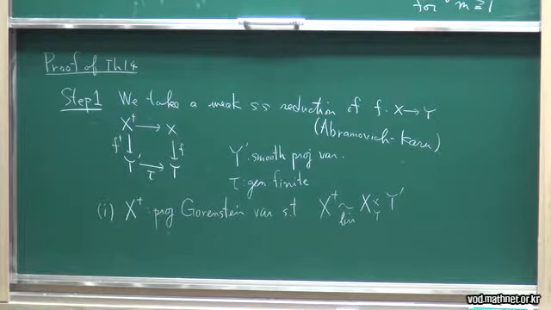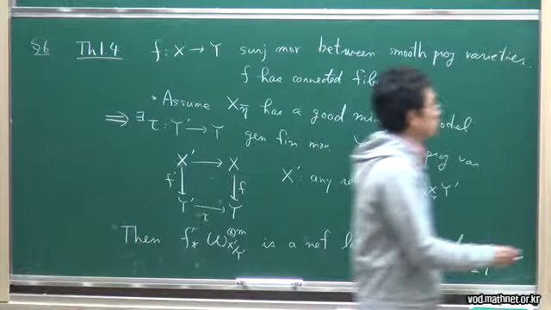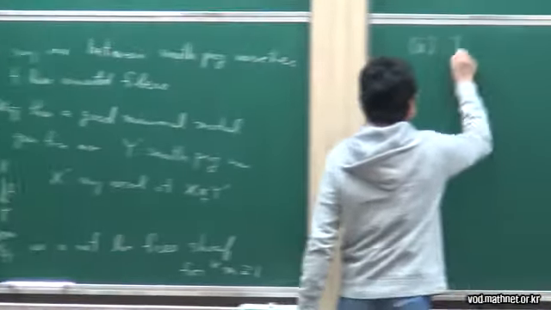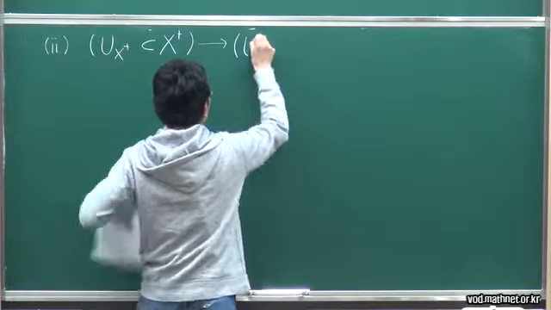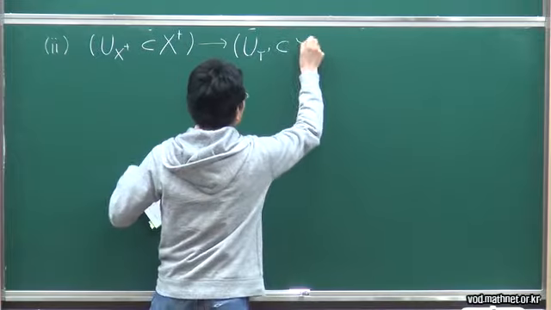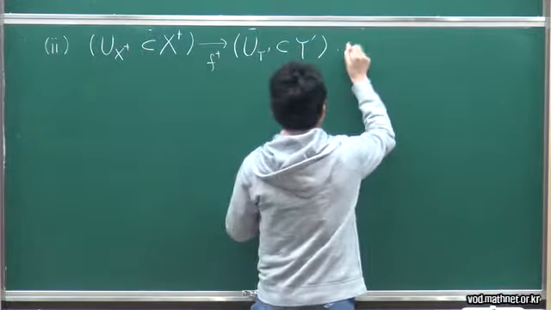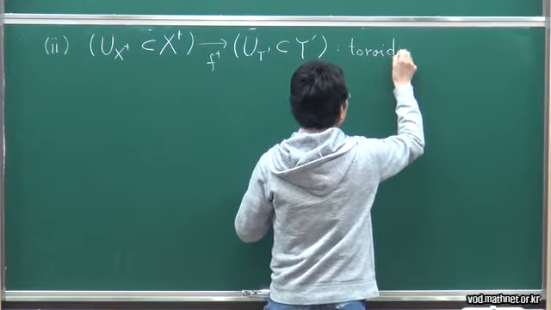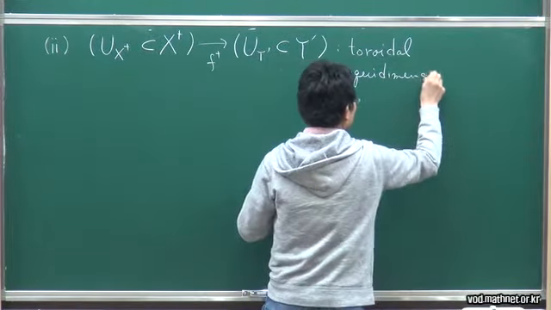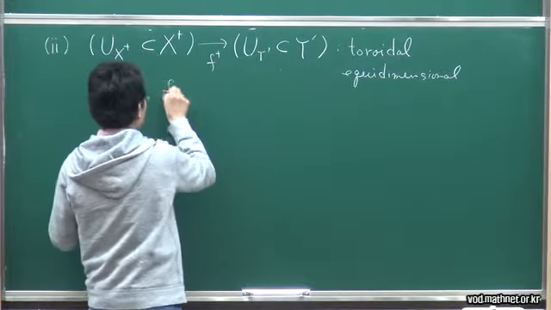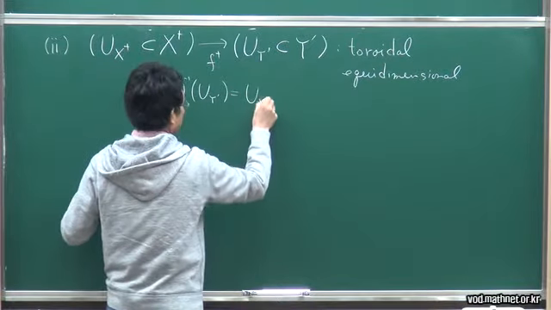Second condition. There are open sets U_X dagger contained in X dagger and U_Y prime contained in Y prime such that f dagger is toroidal and equidimensional, and f dagger inverse of U_Y prime equals U_X dagger.